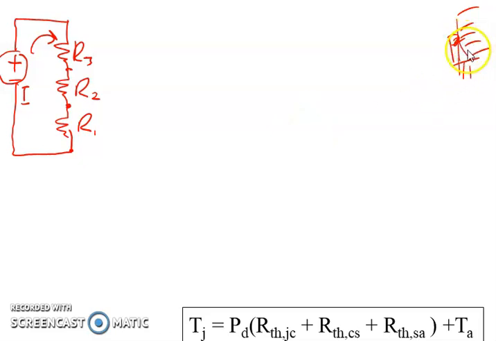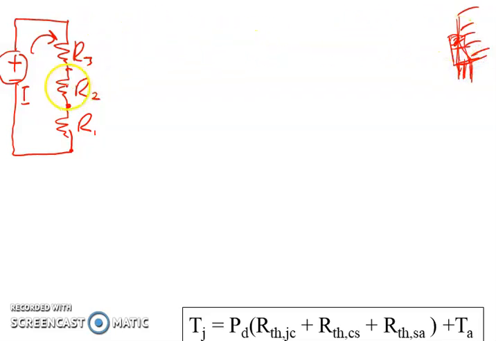Okay, again, if we have a heatsink attached to the device like here, so we consider this one is a MOSFET, 3 outline terminals attached to the heatsink.